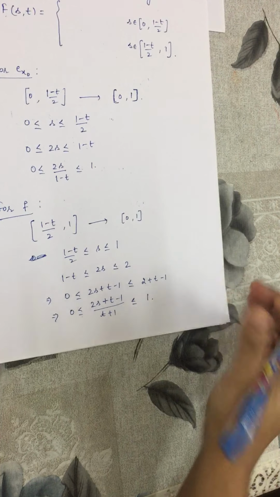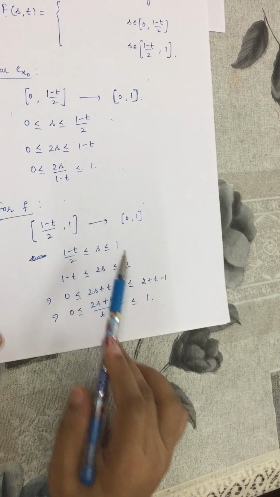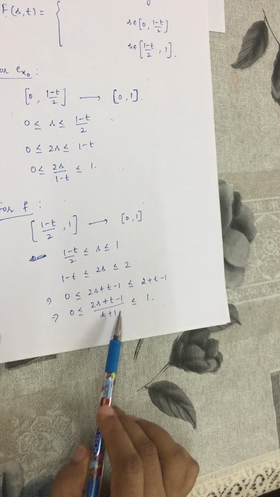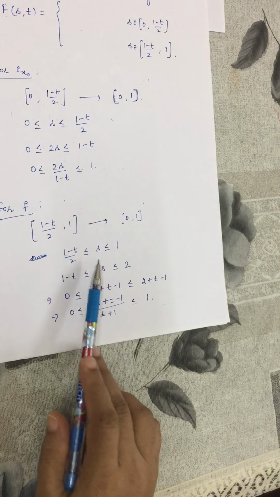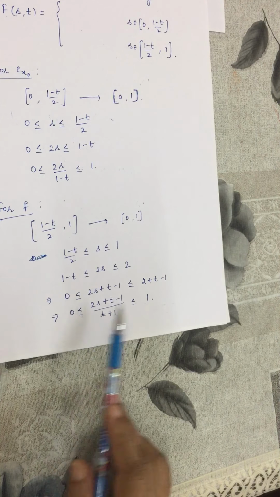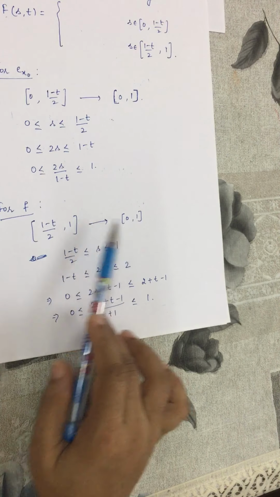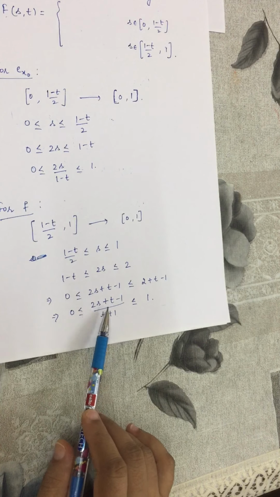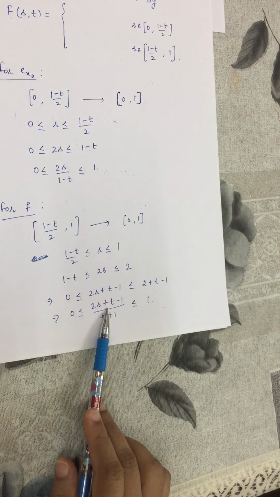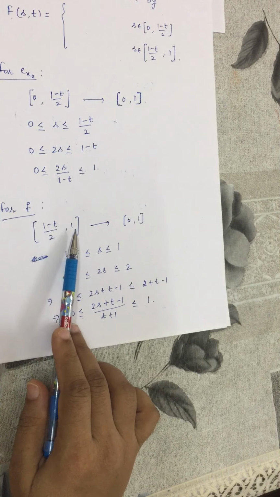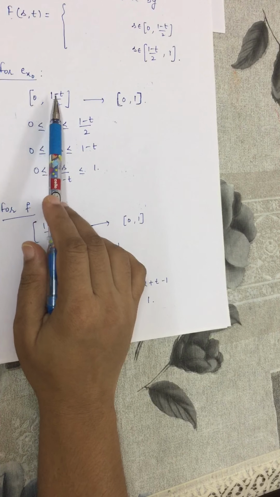So now we know that whenever s lies in this interval, the point (2s plus t minus 1) divided by (t plus 1) lies in the interval 0 to 1. Because we have to map this interval to this interval for the mapping f, we will map F(s,t) to f of this point on the interval (1 minus t)/2 to 1, and similarly e_x0 at this point on the interval 0 to (1 minus t)/2.